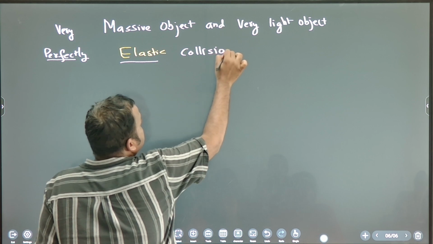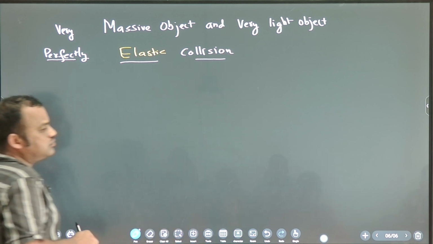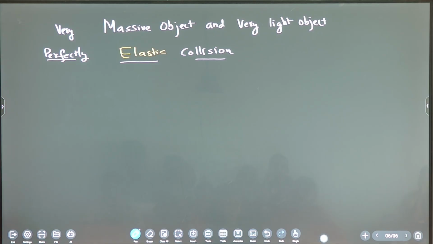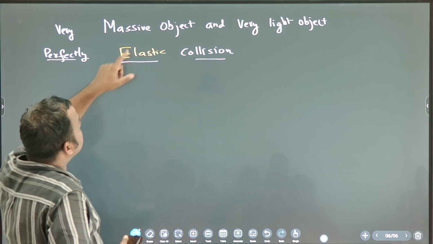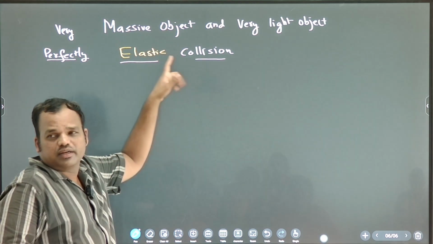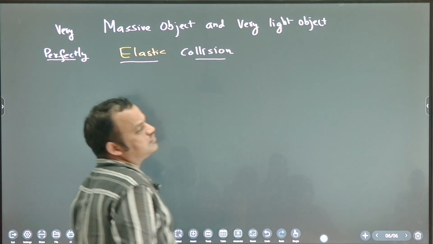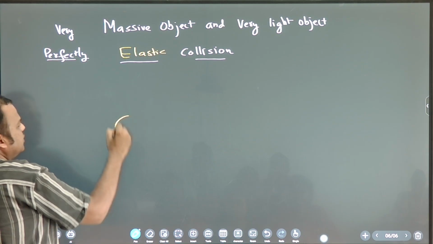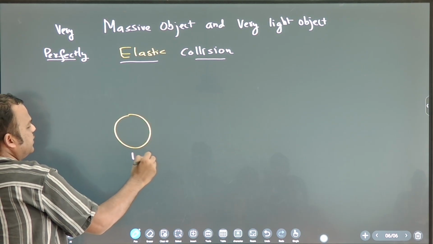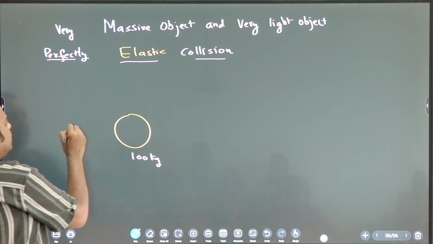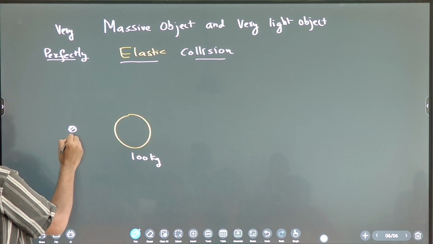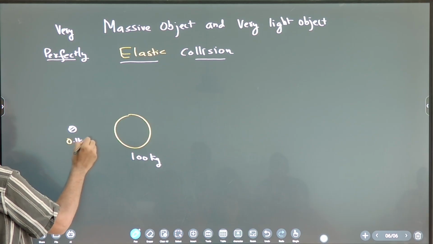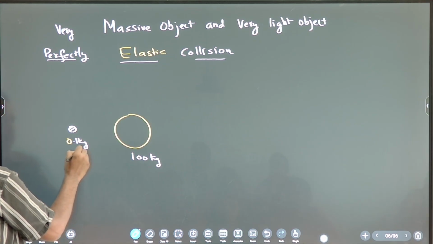For example, one object has mass 100 kg, and the other object has mass 0.1 kg, or 1 kg.